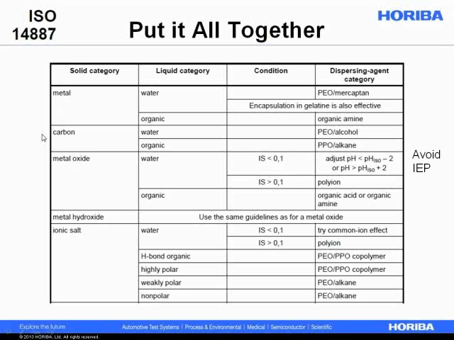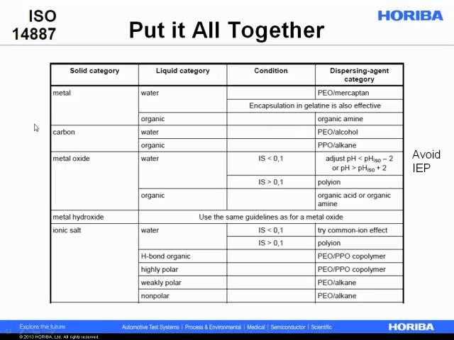So in this rigorous approach, if I'm working with carbon and I'm going to disperse it in water, I might use one of these dispersants. This is the way this particular standard will work if you have it in your library. Categorize the powder, understand your liquid, understand the dispersants, and then there's a reference table which will suggest perhaps the better way to approach dispersing this powder in liquid.